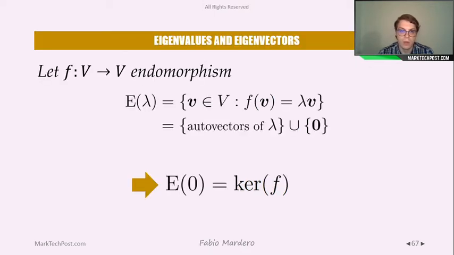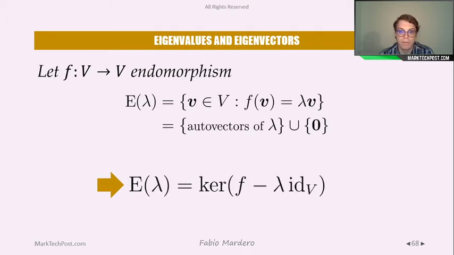With this notion in mind, we can say that the eigenspace of the eigenvalue 0 is equal to the kernel of f. In fact, if we take lambda equal to 0, we are saying that f of v equals 0. It's the same definition of the kernel.